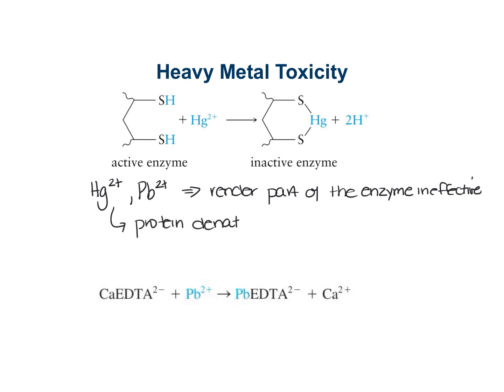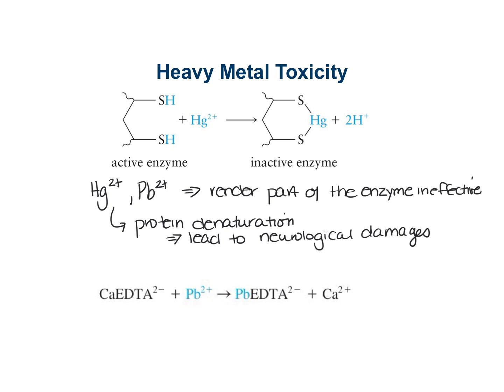And we learned about that in chapter 19. And so both mercury and lead poisoning lead to neurological damages. And can result in death, right?